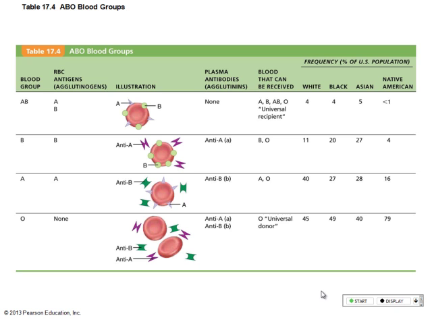Those are anti-A antibodies. So when I look at my blood on the whole, I have B cells, and then I have anti-A antibodies floating around in my blood plasma.